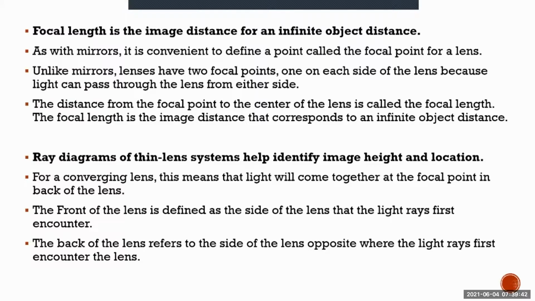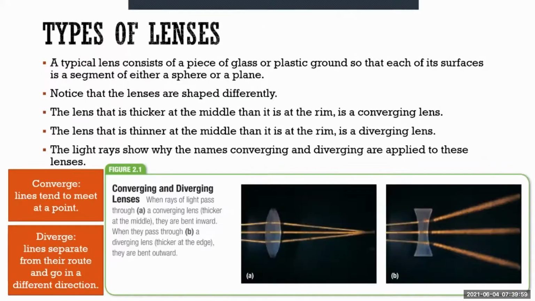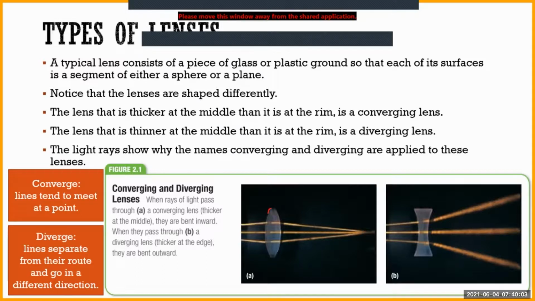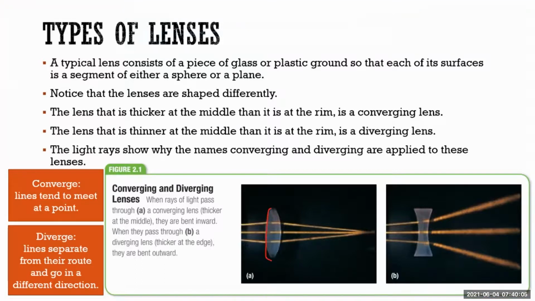As with mirrors, it is convenient to define a point called the focal point for a lens. Unlike mirrors, lenses have two focal points, one on each side. Okay, because as you can see, it has the surface where the light is coming in and the surface where the light is coming out.